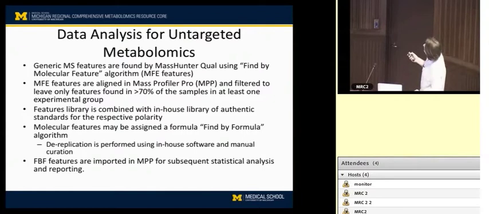Okay. So this is something that we probably don't do as much anymore, which is that we sometimes try to assign a formula to the features. I'll explain why we don't do it much anymore, but it is an option if desired. Then I'm going to talk a little bit about how we automatically do dereplication.